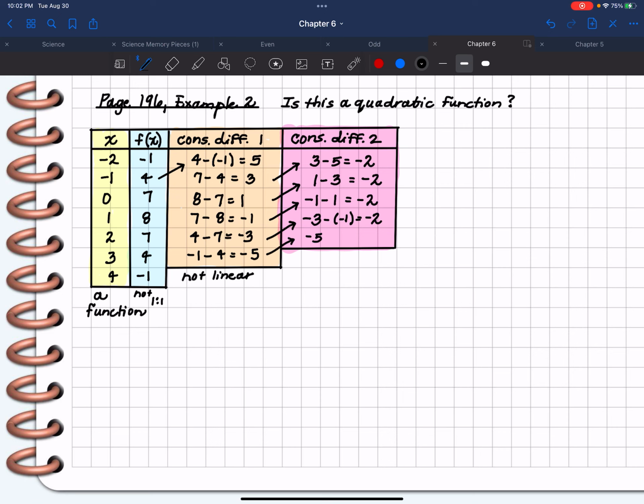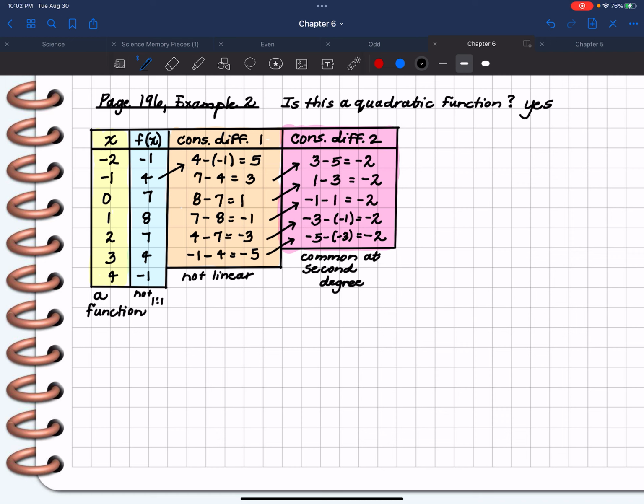And -5 minus -3 is -2. So at this level, we get common consecutive differences at the second degree. That is a quadratic equation.